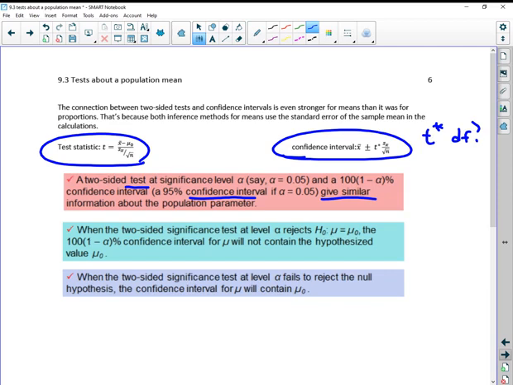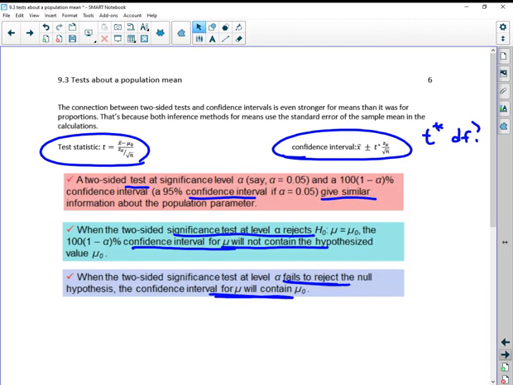And so when your two-sided significance test rejects, then mu will not be within our confidence interval. When we fail to reject, remember, we don't accept things, we fail to reject it, then we expect that mu will be contained within that confidence interval.